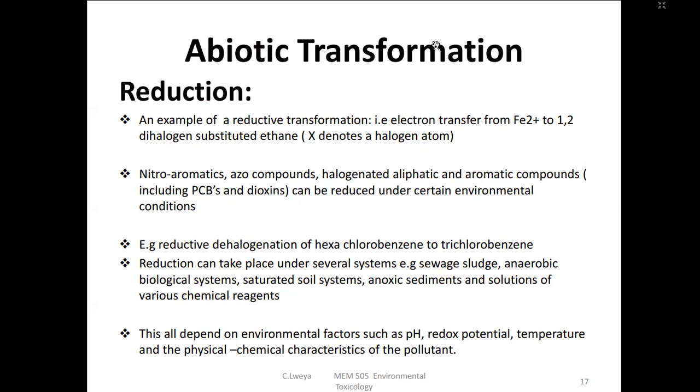Okay, so let me try to shed more light on this part. Eth means 2 carbon atoms, so you may have 1, 2. If you allow me to number these carbon atoms, I might have carbon 1, carbon 2.